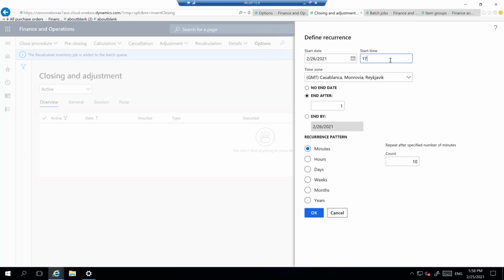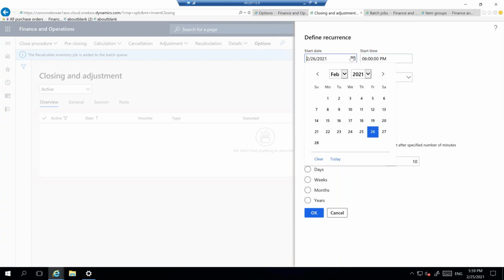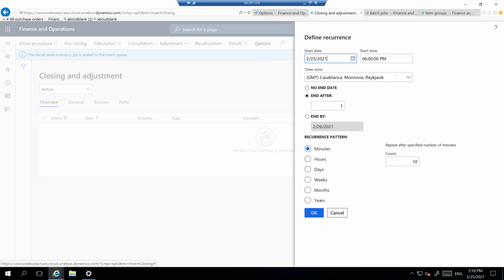But the batch group should be empty. Sorry? It should not be empty? Yeah, I have already mapped an empty one, but some other person is suggesting like this. It should be empty, I know. Yeah, it should always be empty. But I'm trying with one of our colleagues' session.